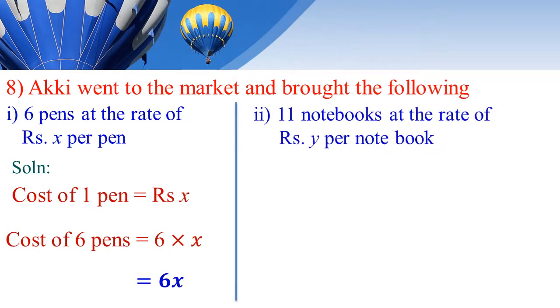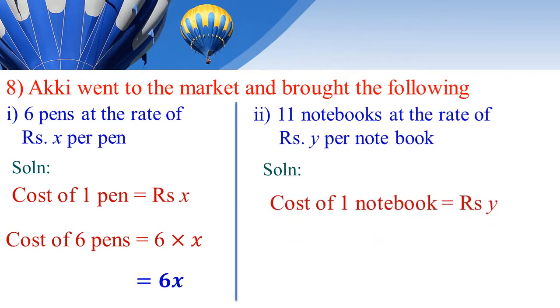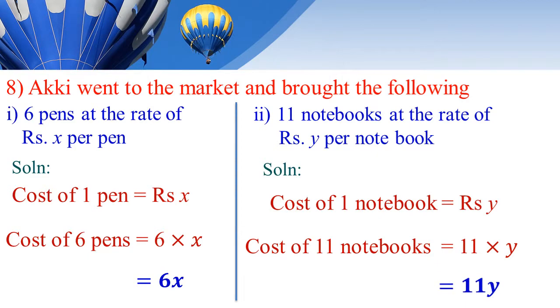Next, 11 notebooks at the rate of rupees y per notebook. So here the cost of one notebook equal to rupees y. Next, the cost of 11 notebooks equal to 11 into y. That is 11y.